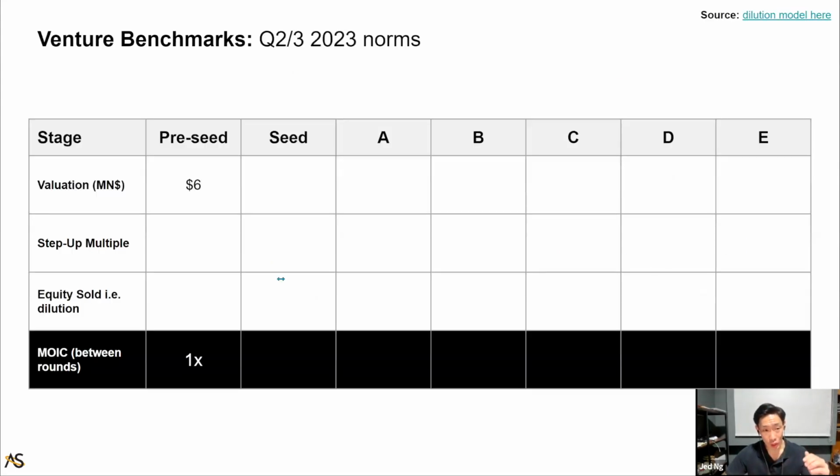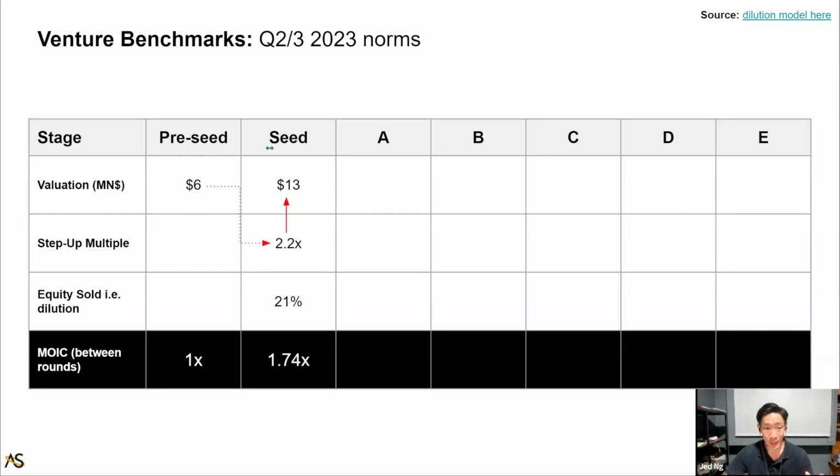So now we can start to put together this table to get a full view of what venture benchmarks look like today. We're saying that at pre-seed, median pre-money valuation is 6 million. So if you invested at pre-seed, and let's say you could sell at pre-seed, you would get a 1x MOIC, right? Whatever you invested. If there was a buyer and you got full price, you get your original money back. So your ROI or MOIC is 1x.